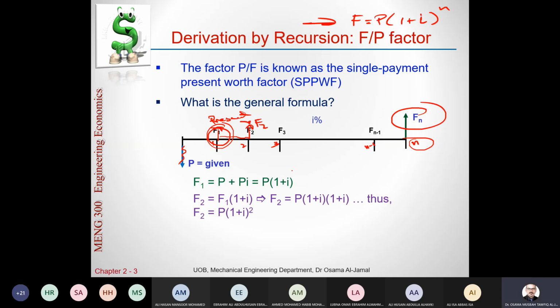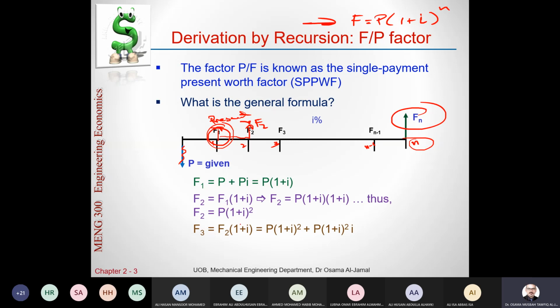Do it now for F3. If you're going to do it for F3, it will be exactly the same as what you did here. Take F2 as the principal for F3. So it will be F2 multiplied by (1 plus I), and just substitute for that F2.